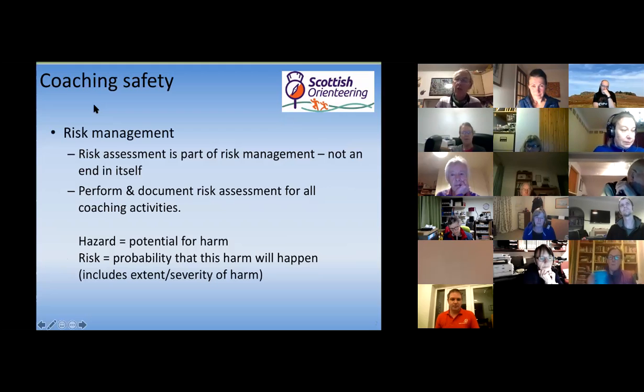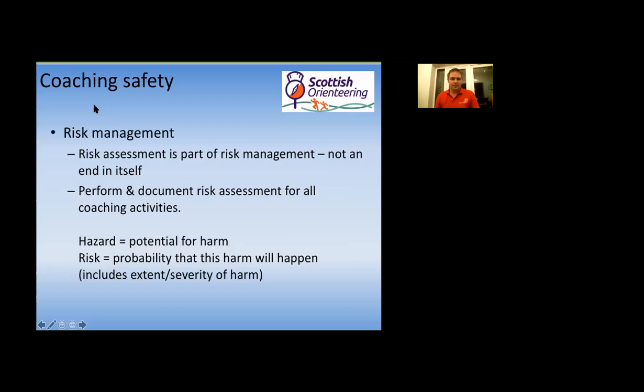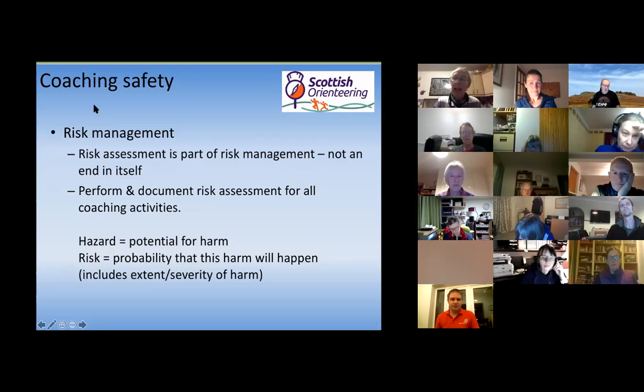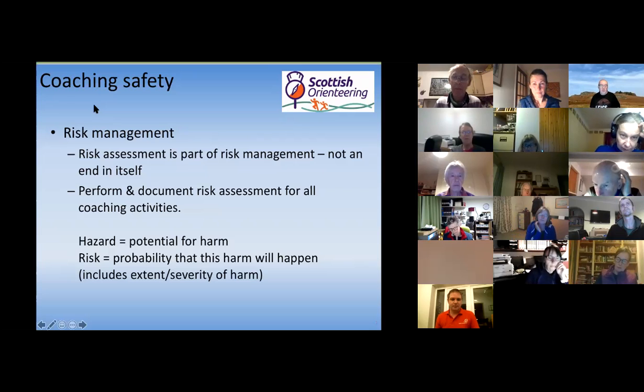But it isn't. Risk assessment is part of risk management. The reason you do the risk assessment is so that you can identify where to put your efforts to control the risks. So the outcome you want is appropriate control of the risks. The risk assessment by itself is not the outcome. It's part of the way to getting the outcome.